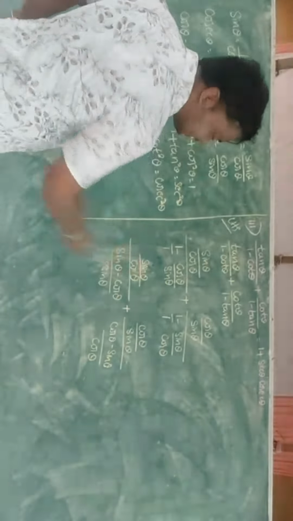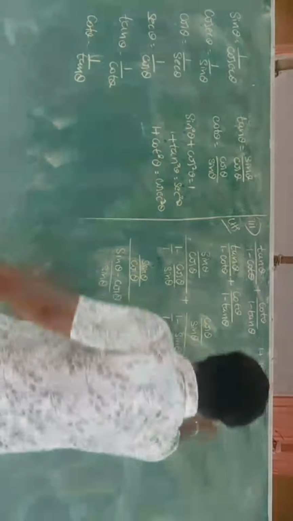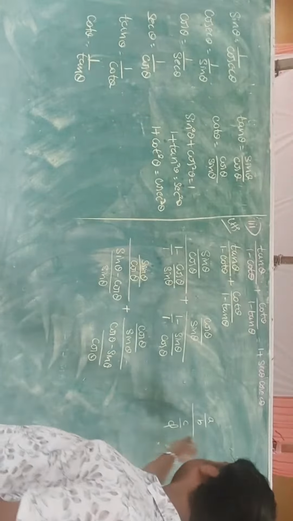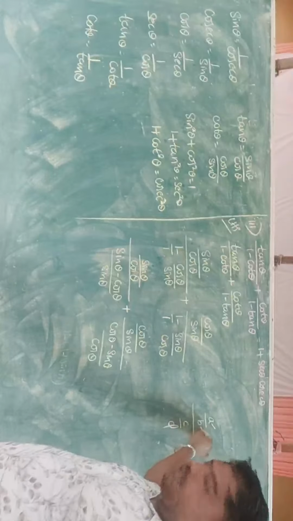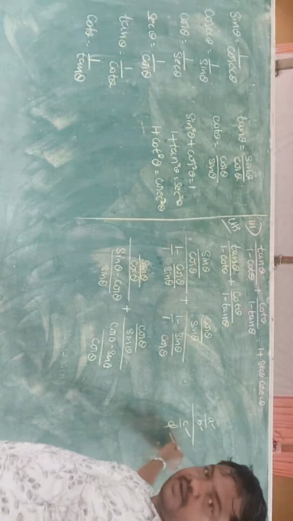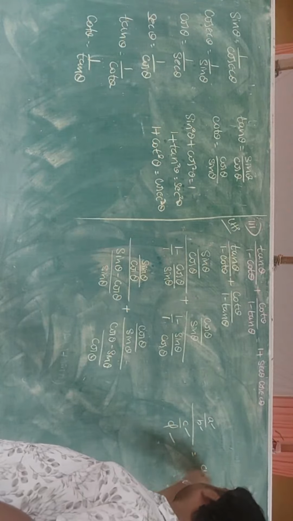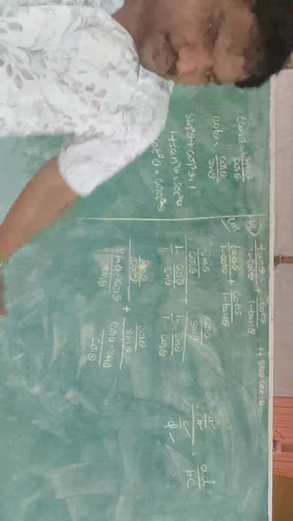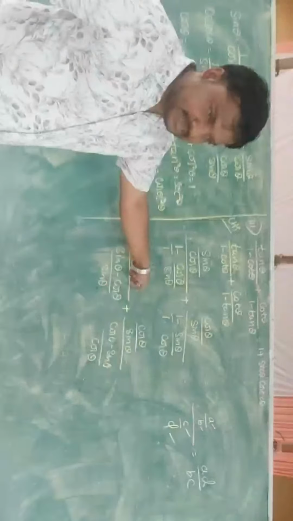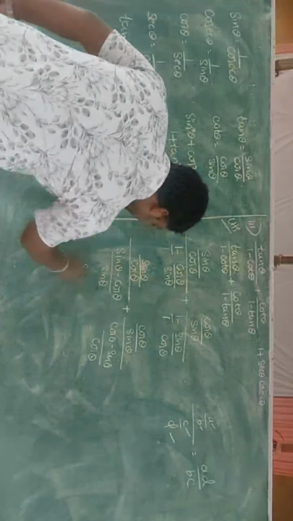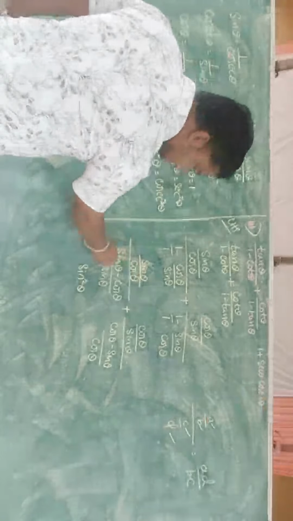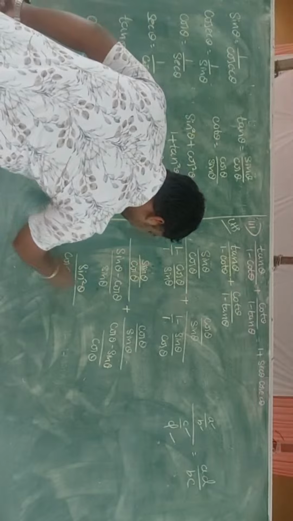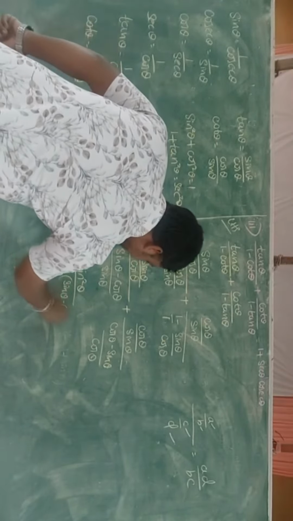Now this is the rule: if you know A upon B whole divided by C upon D, then A multiplies with D and B multiplies with C. You know this rule, correct? Similarly, sin theta multiplies with sin theta, sin square theta, divided by cos theta into (sin theta minus cos theta).